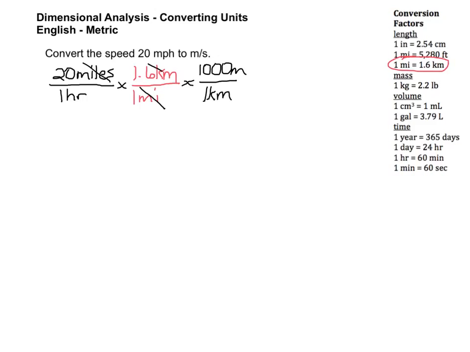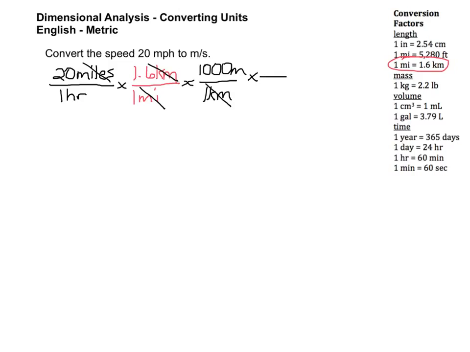Now units of kilometers can be canceled. Now at this point, if we stopped our calculation in terms of units, we would have meters in the numerator and still hours in the denominator. So we're not done with our problem, and we're just going to keep on going and canceling to get rid of hours and get into seconds.